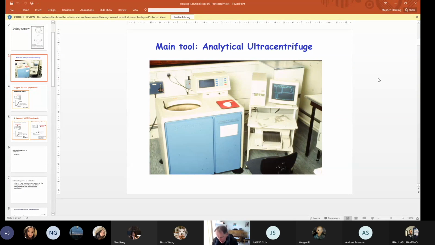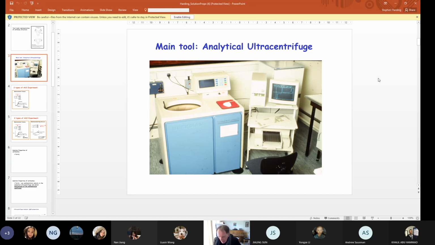Now, the MRes students, you have already had an introduction to this technique as part of your other modular training, but the biotechnology students have not had this yet.